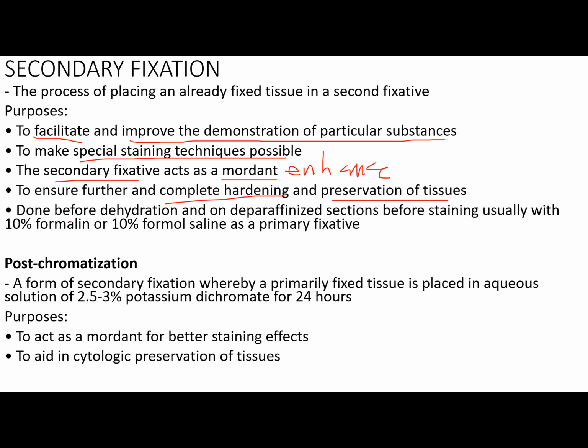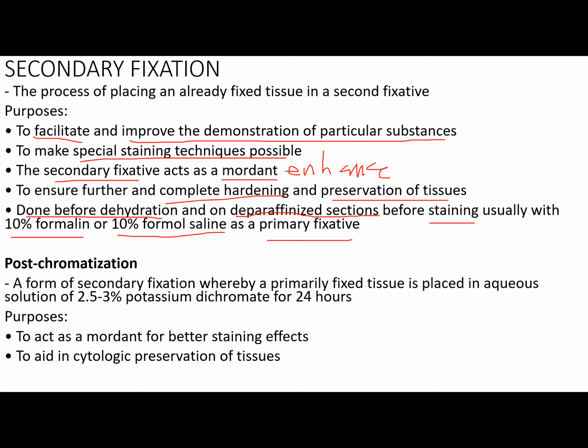Now, secondary fixation is usually done before dehydration and on the paraffinized sections before staining, usually with 10% formalin or 10% formol saline as a primary fixative. Then we have your post-chromatization.